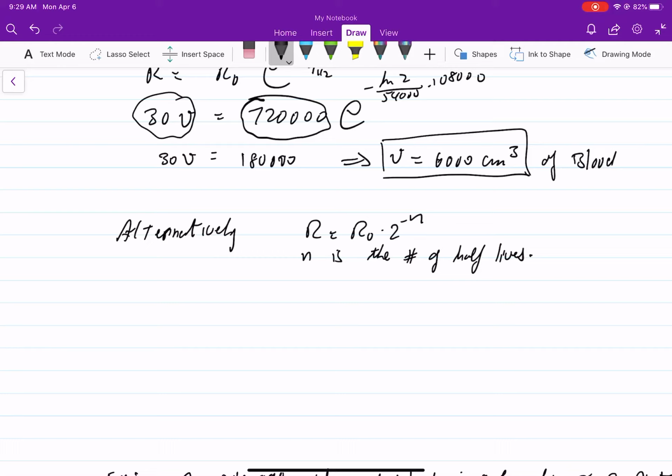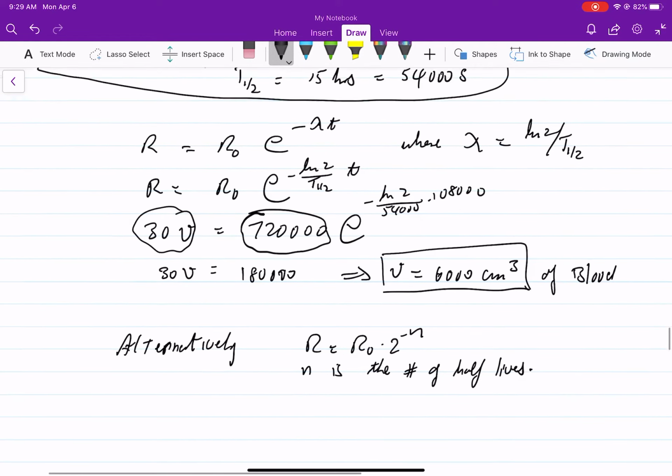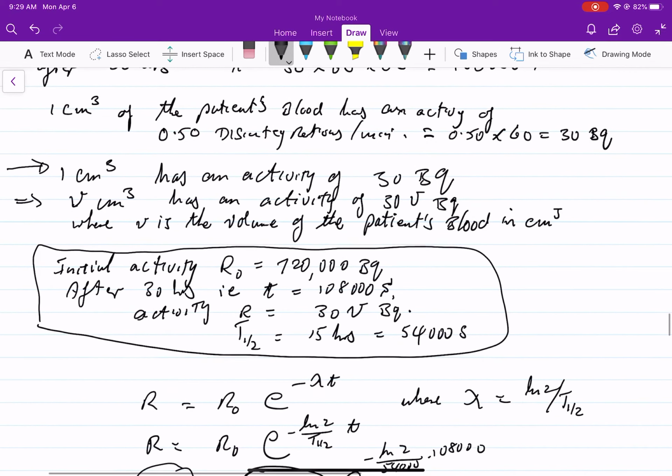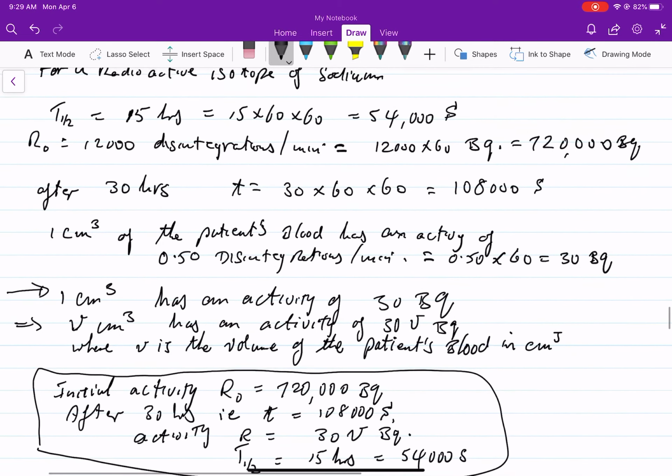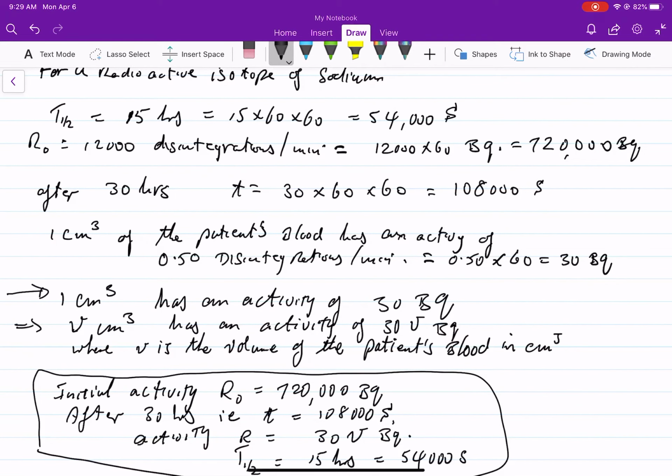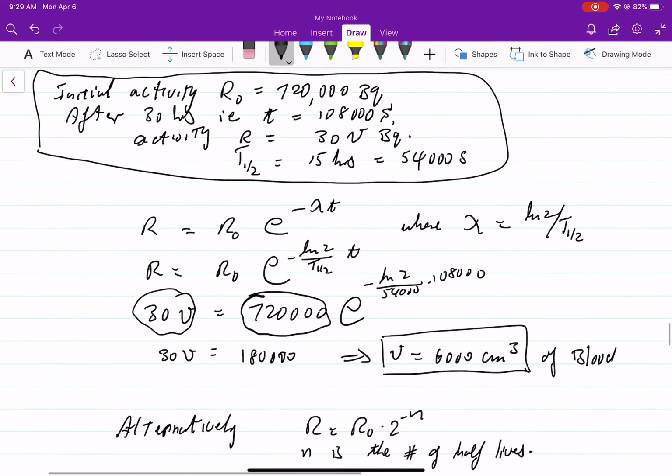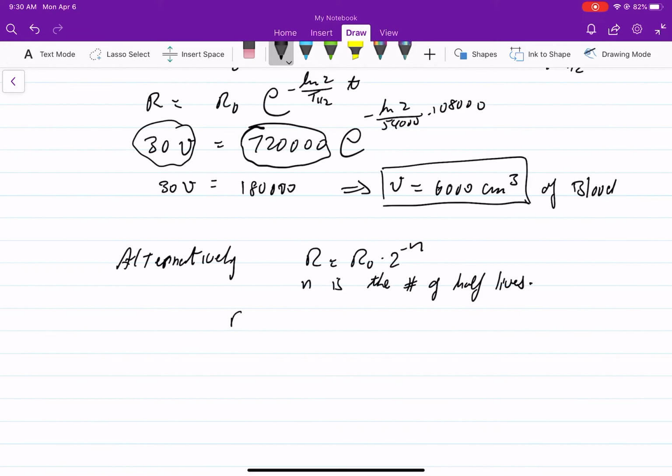That's the first thing. The second thing is I did not have to convert necessarily to becquerels. I could have left the units in disintegrations per second. For example, 1 centimeter cubed represents 0.5 disintegrations per minute. Therefore, V centimeters cubed is 0.5 V disintegrations per minute.